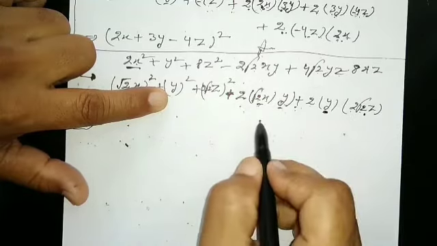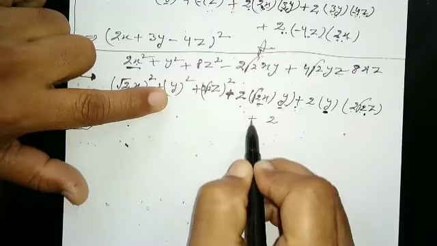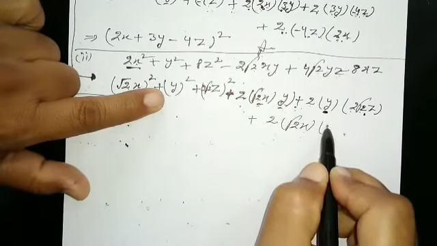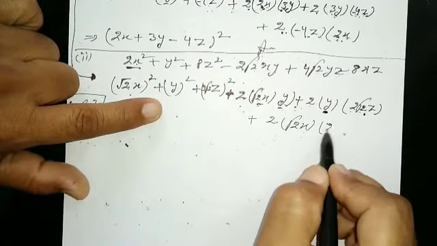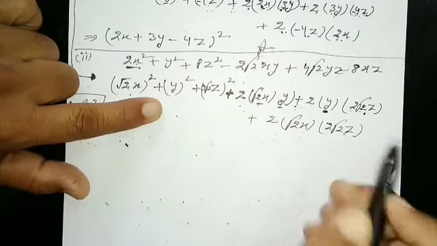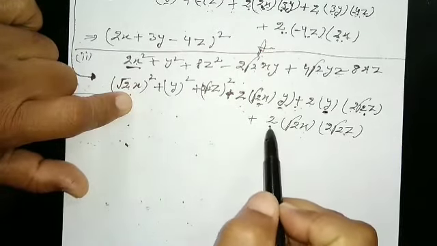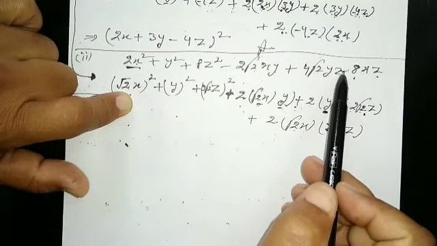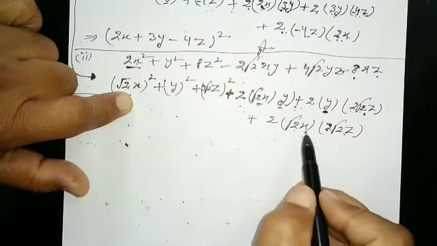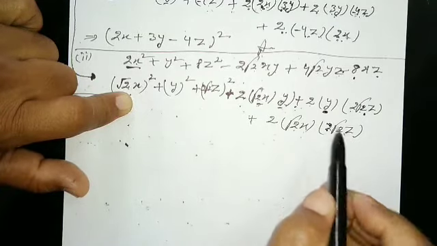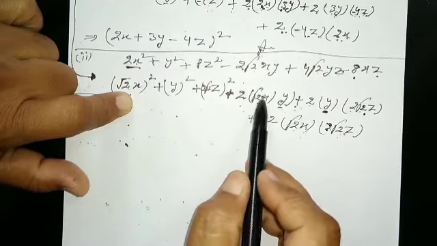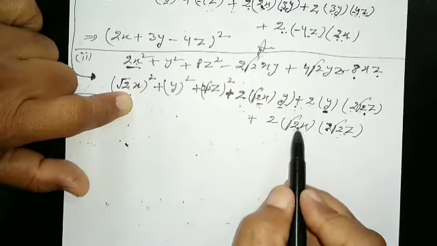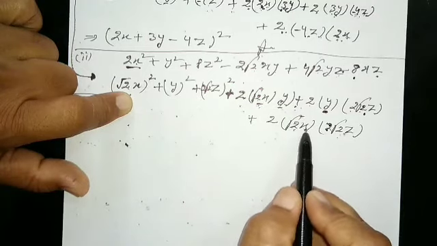So come to the third one, that is the last. 2 into first into second, third, 2 root 2 z, right? Again 2 into 4, 4 into 2 is 8xz. This is 8xz, but this is negative. We have positive. So one of these factors is negative. What is negative? In the first term we found that root 2x may be negative.